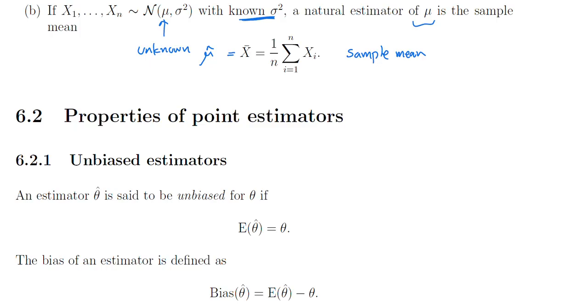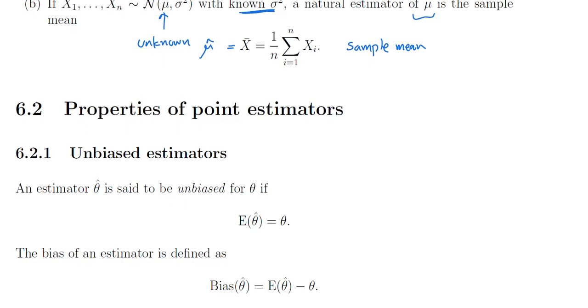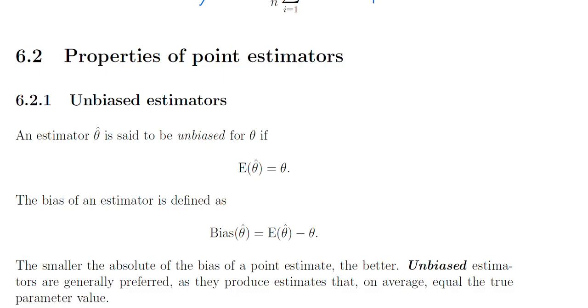Now let's look at some properties of point estimators, and how we can tell how good these estimates are through some quantities we calculate. One is bias. We know that it's not good to be biased. As a teacher, I should not be biased toward some students. I should be unbiased.